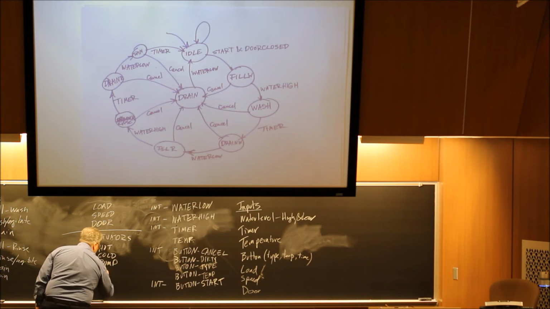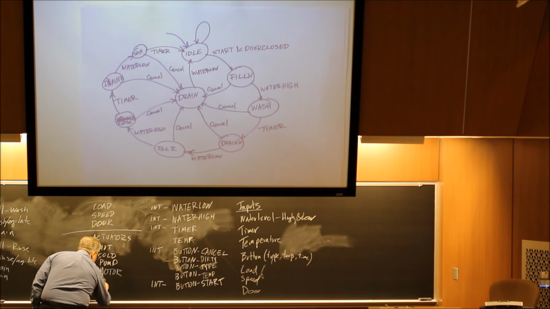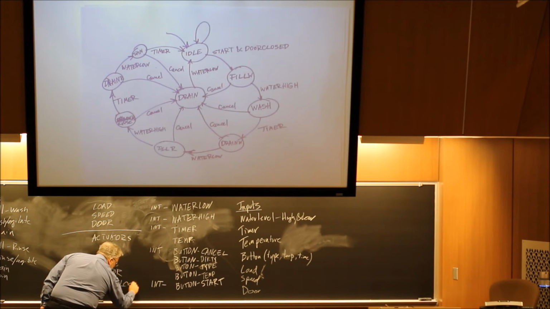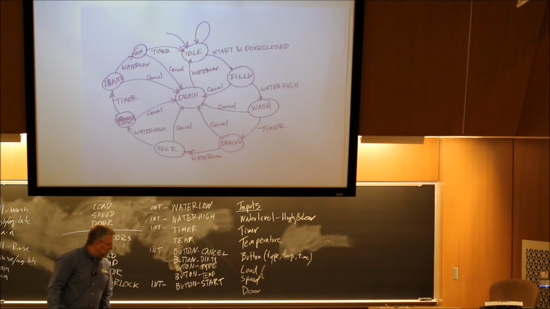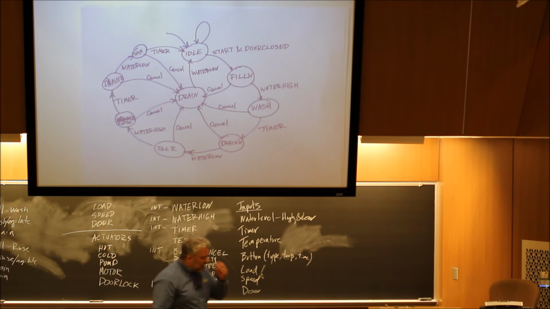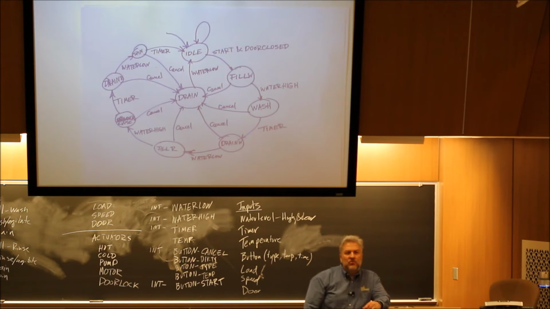Our general motor to spin. And I'm going to have a door lock. How about that? All right. Is there anything else that you think we need that is an actuator or something you'll control? What have I missed?